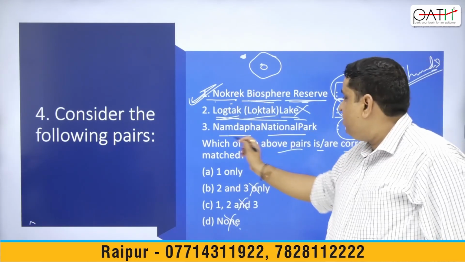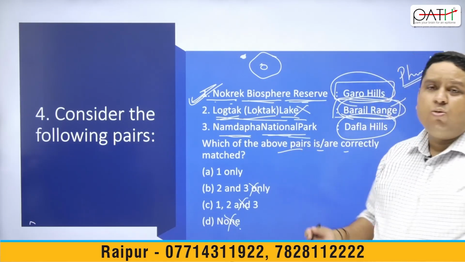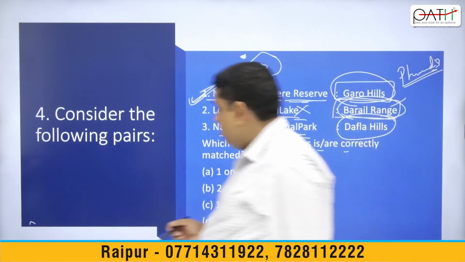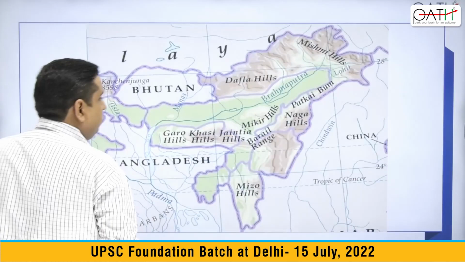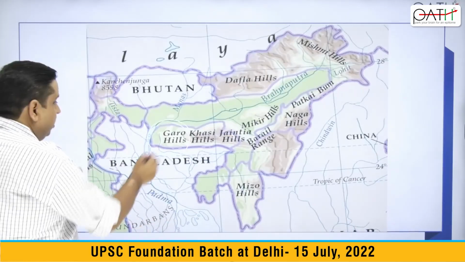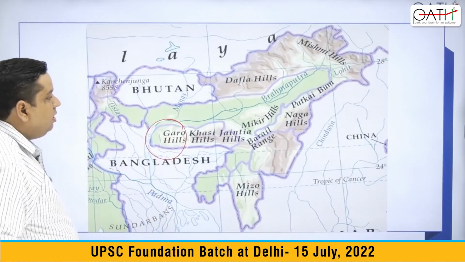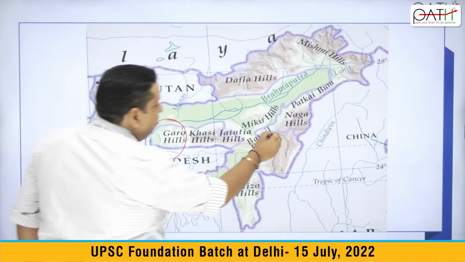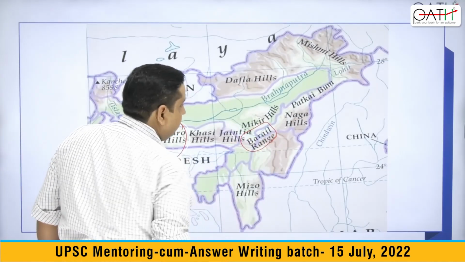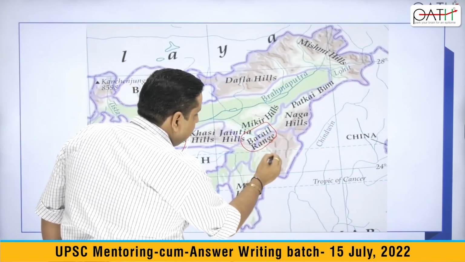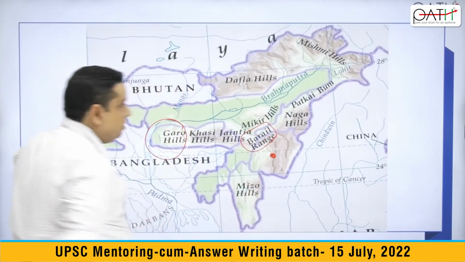Then comes Namdapha National Park. It is almost in the northeastern part. So these are the locations. This is the Garo Hills, here we have the Barrel Range, and this side we have Loktak Lake.